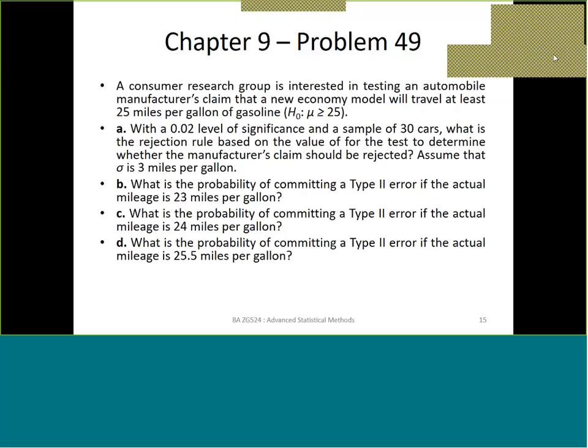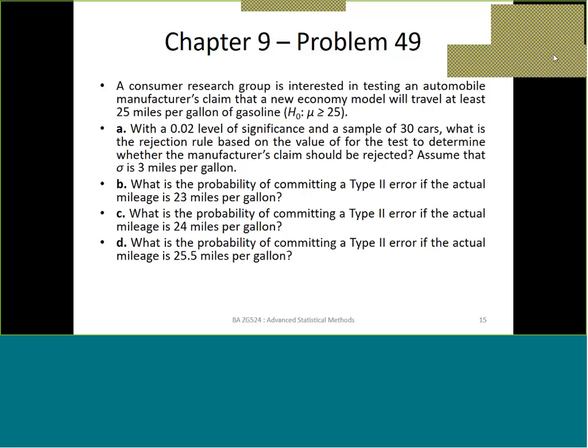A consumer research group is interested in testing an automobile manufacturer's claim that a new economy model will travel at least 25 miles per gallon of gasoline. So anyhow, in the question, H naught is given. With a 0.02 level of significance and a sample of 30 cars, what is the rejection rule based on the value of the test statistic to determine whether the manufacturer's claim should be rejected?